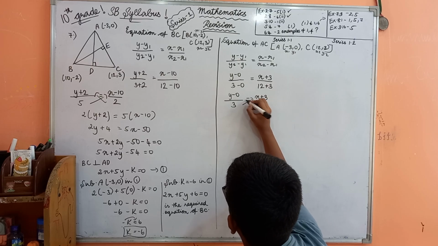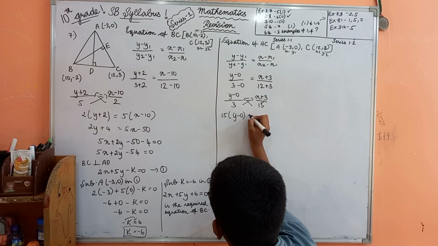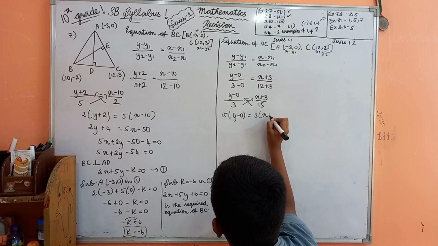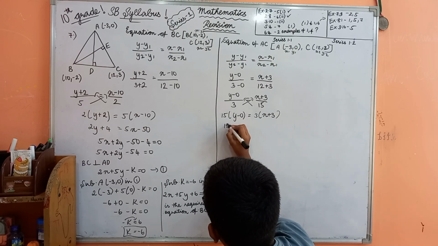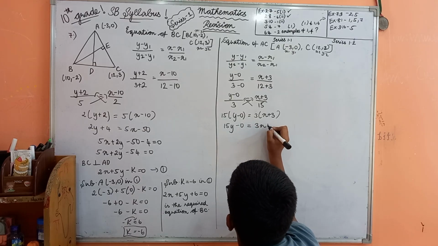Cross multiplication: we get 15y minus 0 is equal to 3x plus 9.